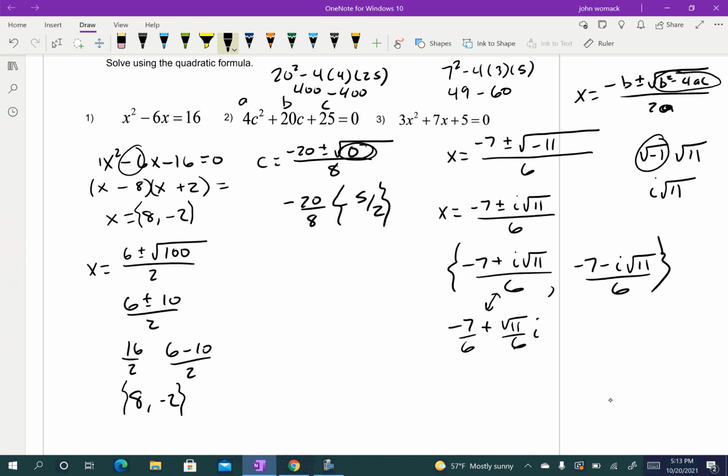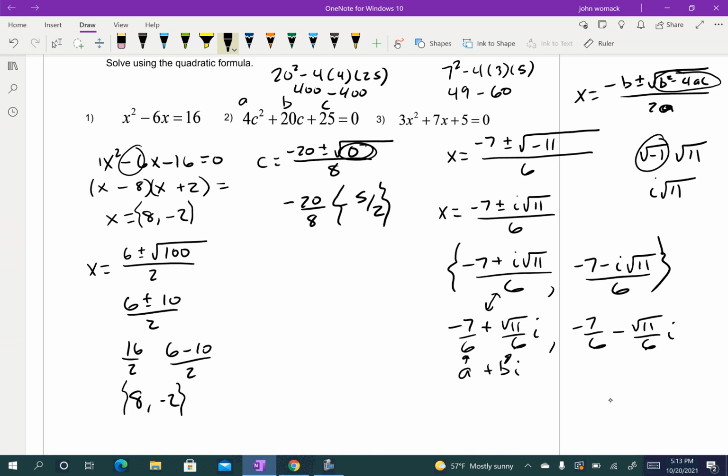I just split it apart, and I just dropped the i off to the side. So remember that form we said, a plus bi? Well, a is the negative 7 over 6, and b would be the square root of 11 over 6. Same thing here. We could take this one and split it apart. We could write it as negative 7 over 6 minus square root of 11 over 6 i.